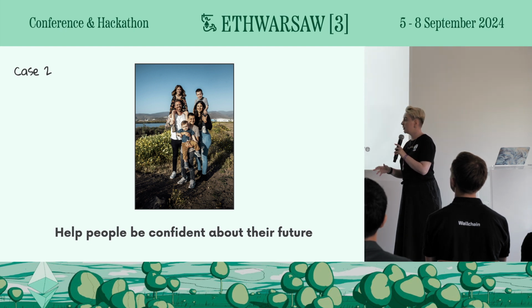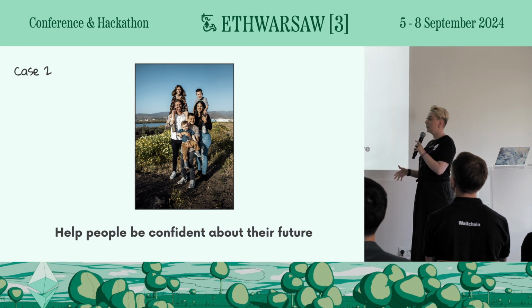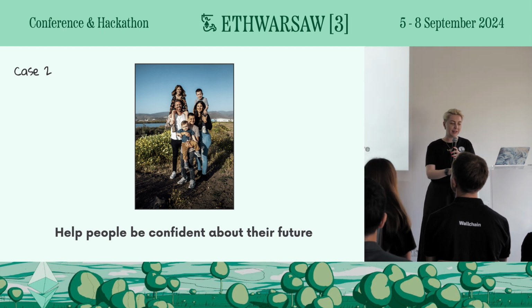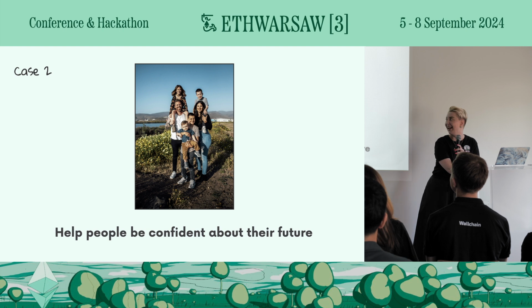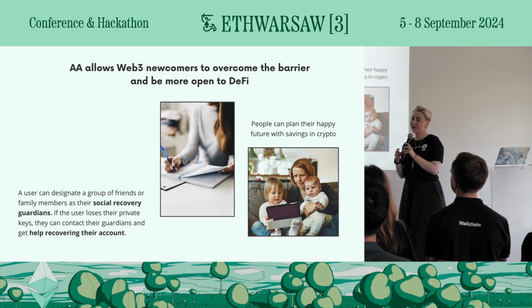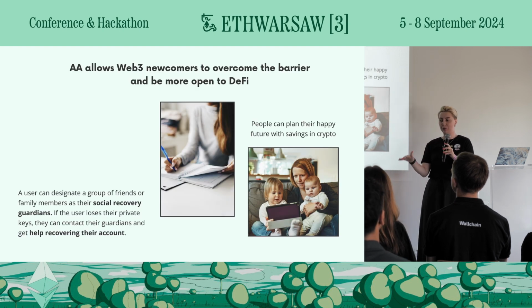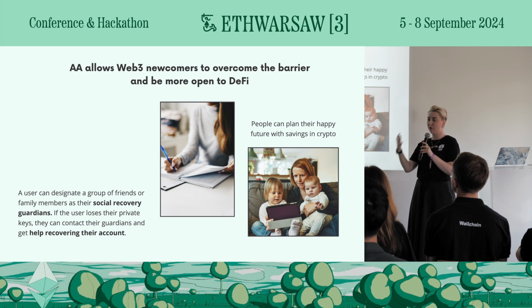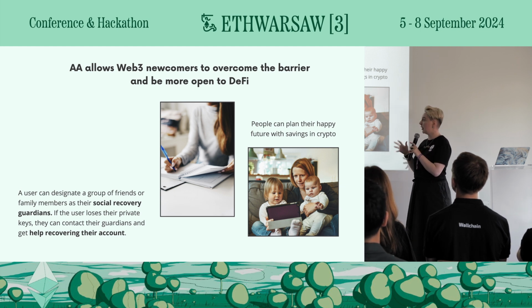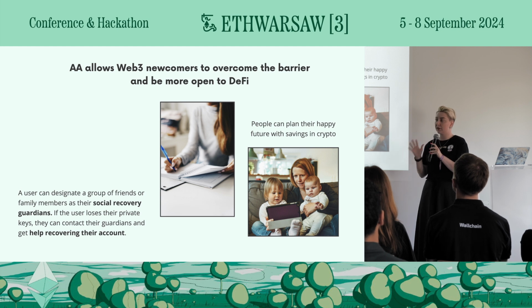The next case is about helping people to be more confident about their future with their savings in crypto. Account abstraction allows non-Web3 natives to use crypto and be sure that their savings are okay and safe.